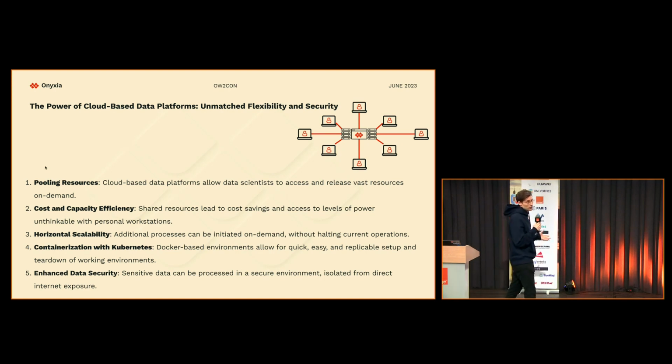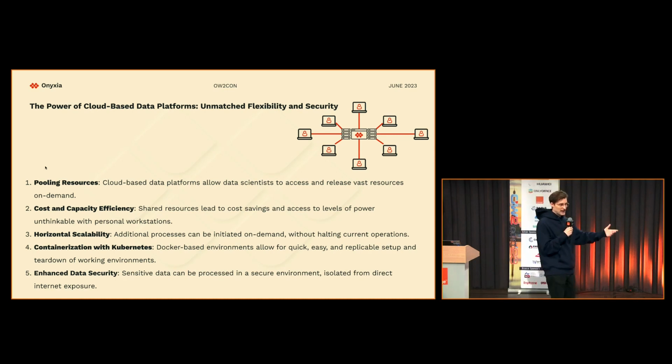Why does it solve all the problems? First, because it enables pooling computing resources. You can just build a big data center, provide a lot of RAM, a lot of GPUs, and when a data scientist needs to train a model, they can just allocate 2 terabytes of RAM and 6 NVIDIA GPUs.